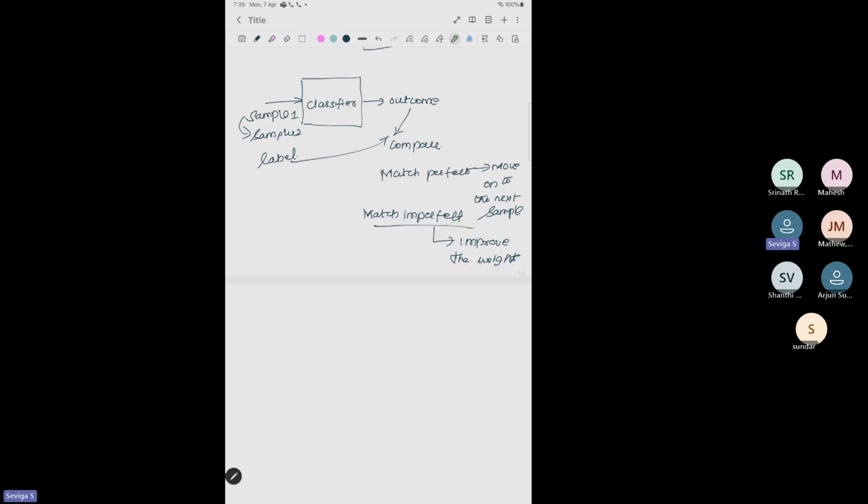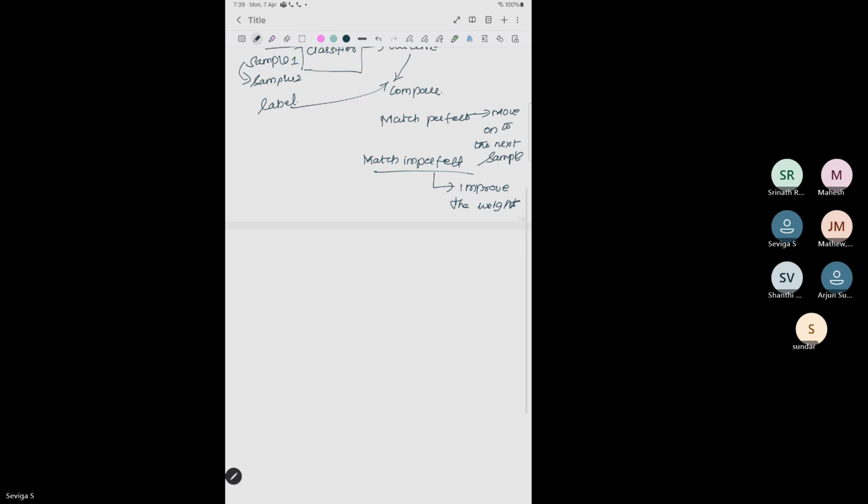So let us assume we have a neural network like this.